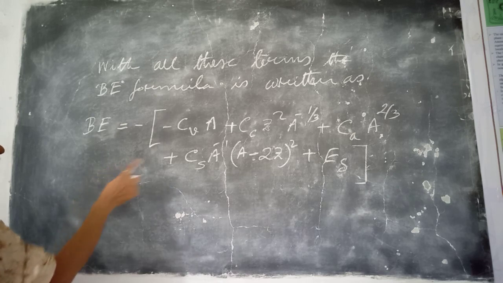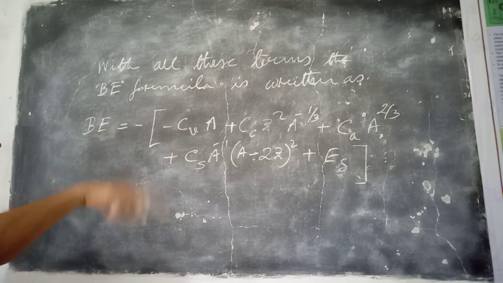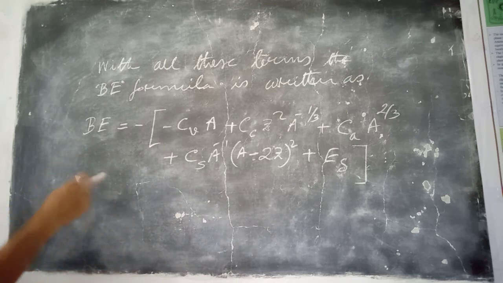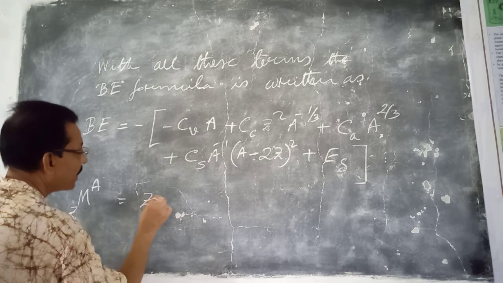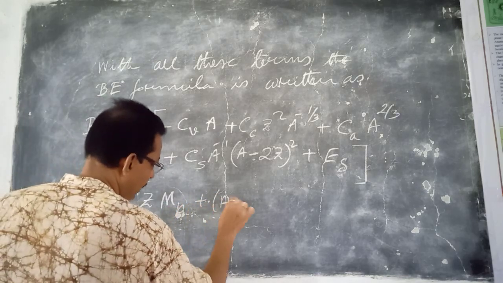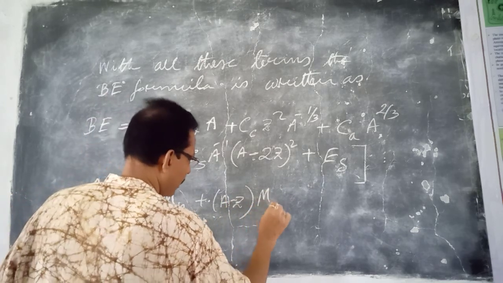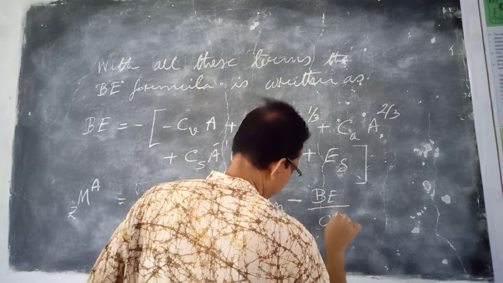Now the mass from this equation can be written in this form. We know that binding energy is equal to the mass of Z protons plus A minus Z neutrons minus the atomic mass, multiplied by c square. So the mass of a particular atom can be written as Z times the mass of the proton or hydrogen atom plus A minus Z times the mass of the neutron minus the binding energy divided by c square.